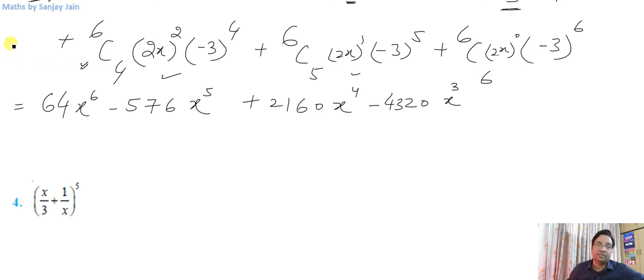6c4 is 6c2, so 6 into 5 by 2 into 1, that is 15, right? So this is 15 into 4, that is 60, and 3 raised to power 4, so 60 into 81, right?